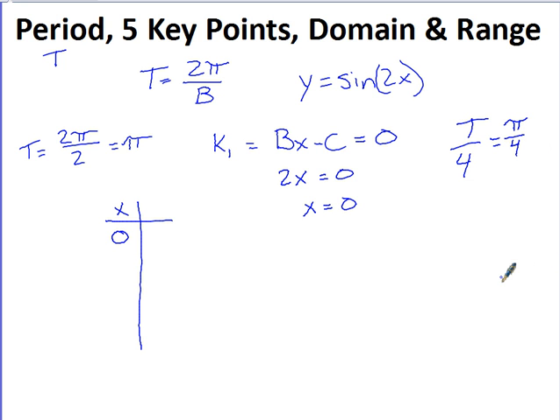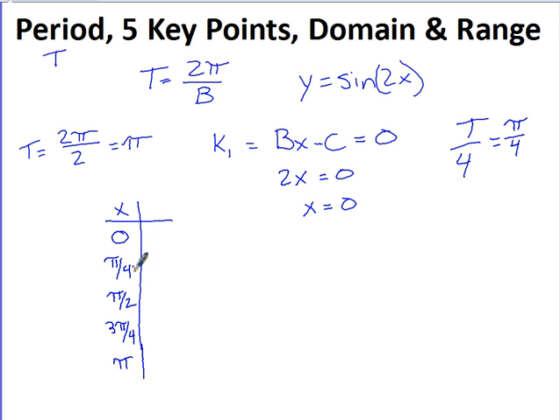So pi over 4, I'm going to add that every time to get my next key point. The first one was 0, then I add pi over 4, so my next key point is pi over 4. If I add pi over 4 again, I get pi over 2. If I add pi over 4 again, I get 3 pi over 4. And if I add pi over 4 again, I get pi.